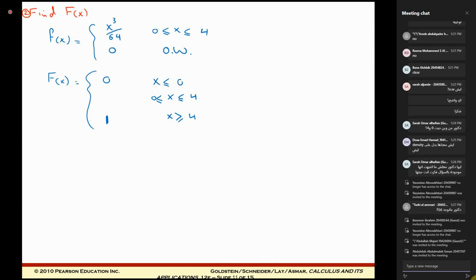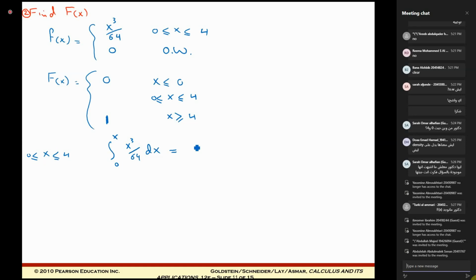Now x between 0 and 4, just find the integration from 0 to x for the same function, x to the power 3 over 64 dx.